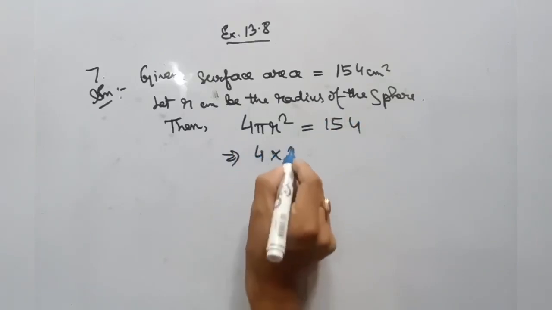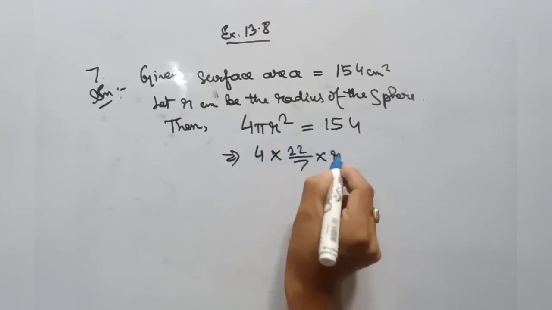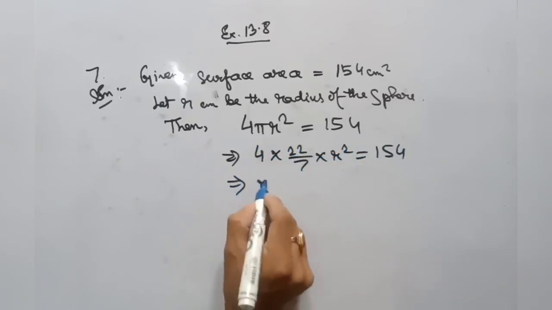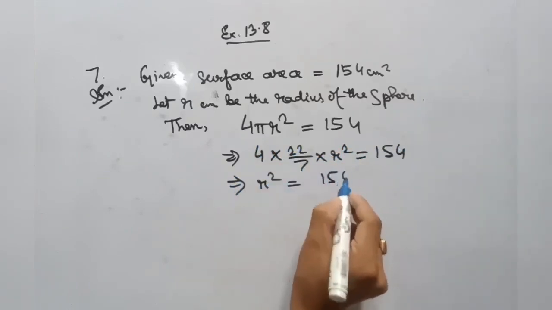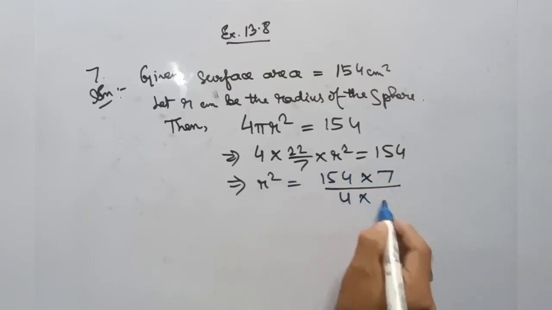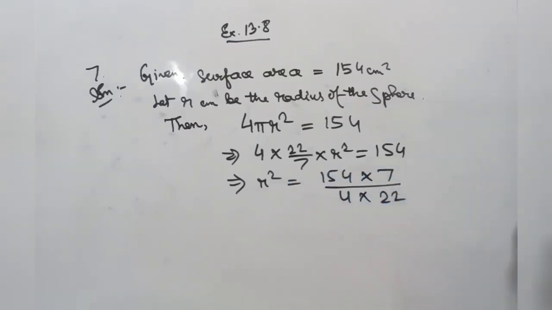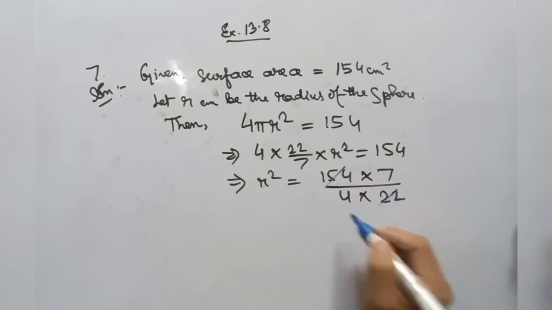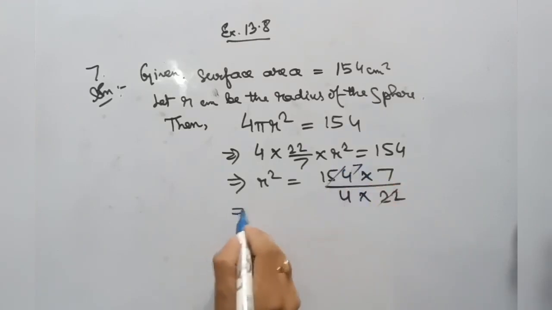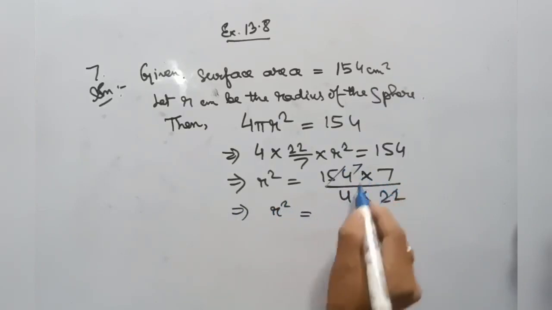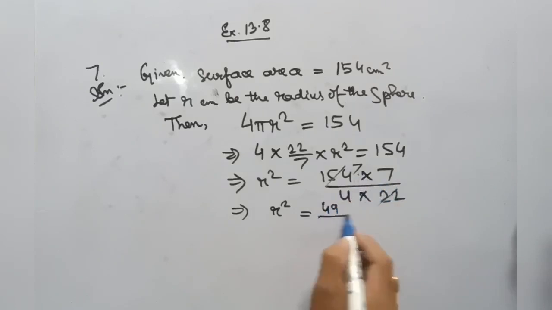So 4 into 22/7 into r square is equal to 154. This implies r square equals 154 into 7 divided by 4 into 22. Here 154 divided by 22 is 7. So r square is equal to 7 times 7 into 7, which is 49/4.